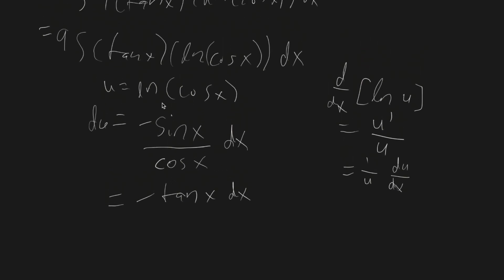And before, remember, we have a tangent within the integral. So now we can set this up as this being the u and this being du, except we'll have to bring the negative outside.